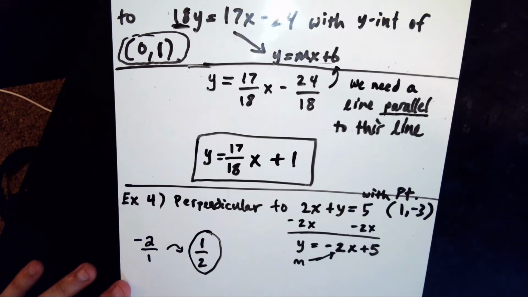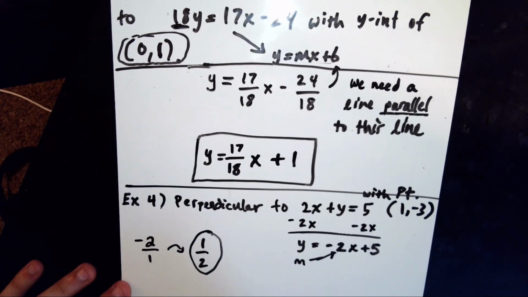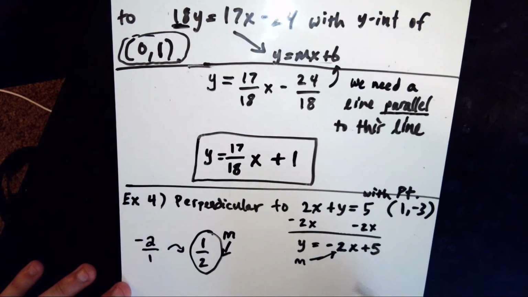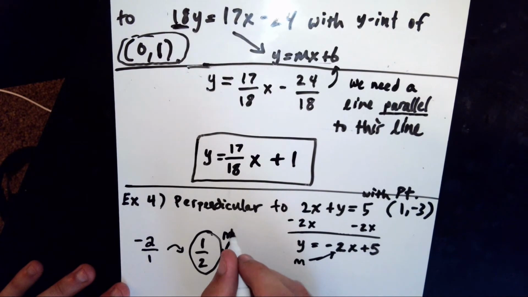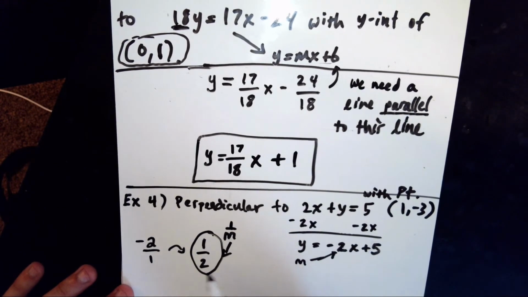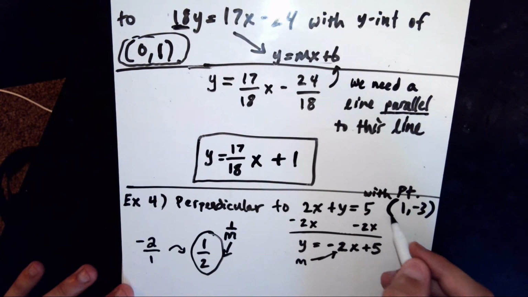Now we're going back to a problem from last time, where we're given a slope, which I'll call m perpendicular, that's 1/2, and we have a point (1, -3).